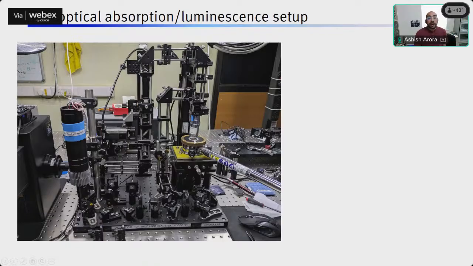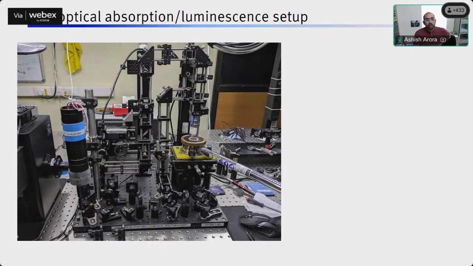Why am I doing this? I have to shine light on the sample from the top and then collect the reflected light. So the white light is shone on the sample from the top, focused through this objective lens, and then reflected back from the sample. The reflected light goes back, there is a mirror here, and then it goes to the detection stage with a spectrometer, which is kept in the back.